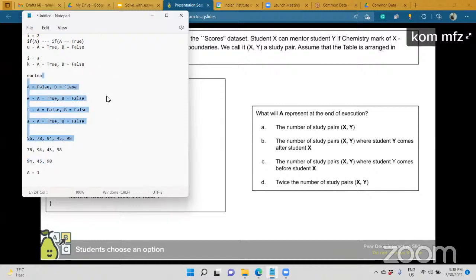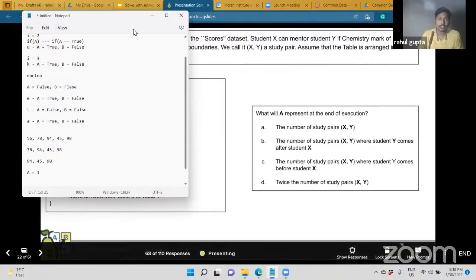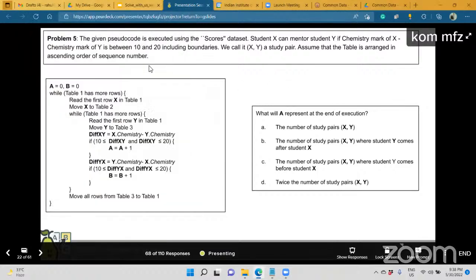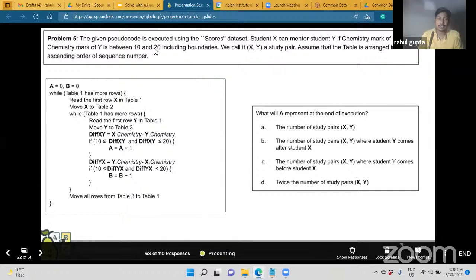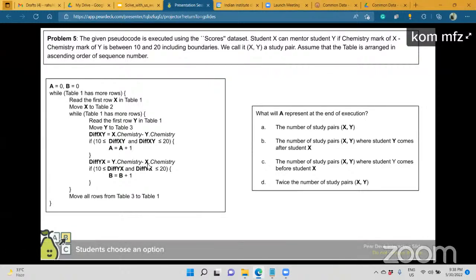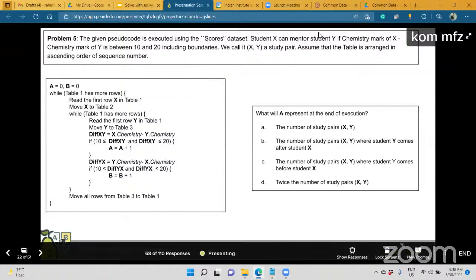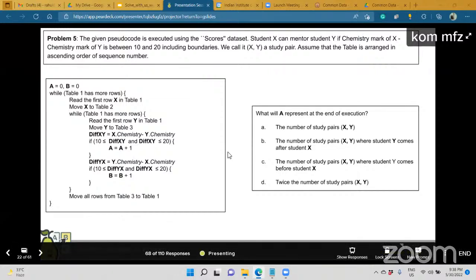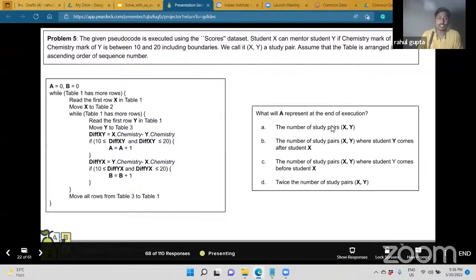For A we are checking that the difference should be 10 to 20. 98 minus 45 is more than 40, exceeding that limit. So the order is not according to marks.